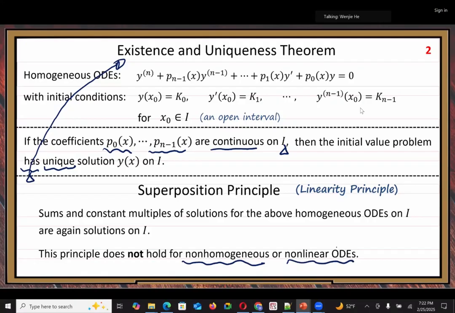So you should be careful when you apply this principle.